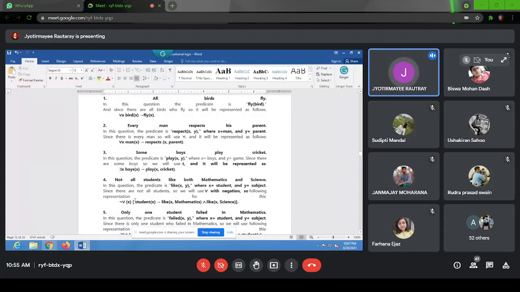So within brackets you write student(x). As the universal quantifier is used, the implication symbol will be used: if x is a student, then x likes mathematics and x likes science. Within a bracket you may write x comma mathematics and x comma science. Both are correct.